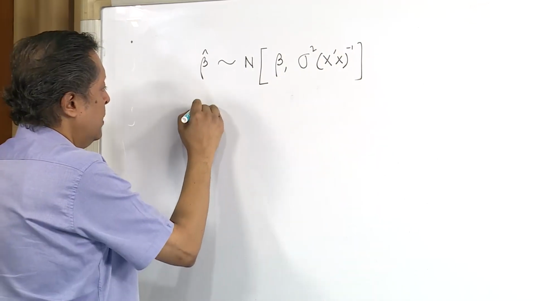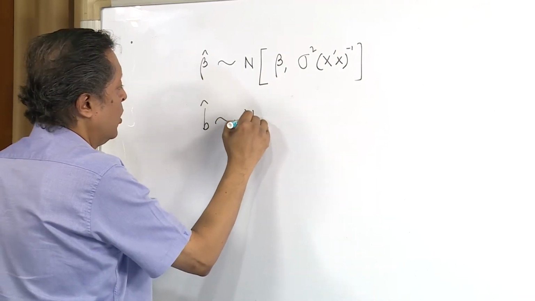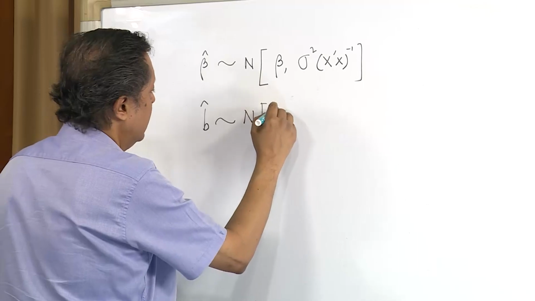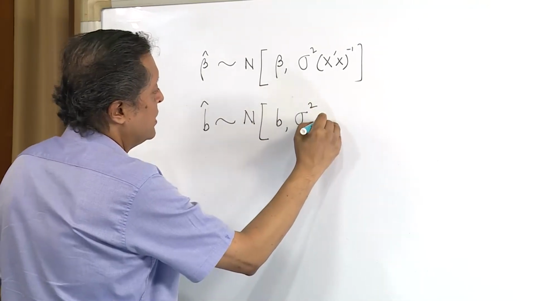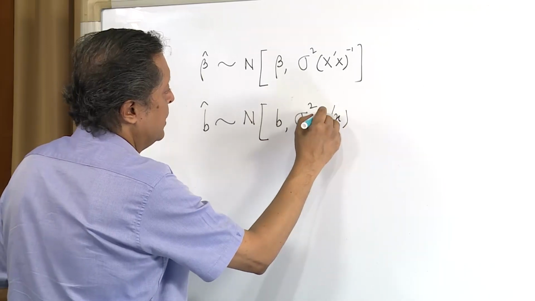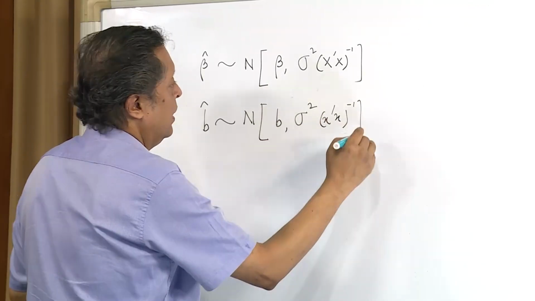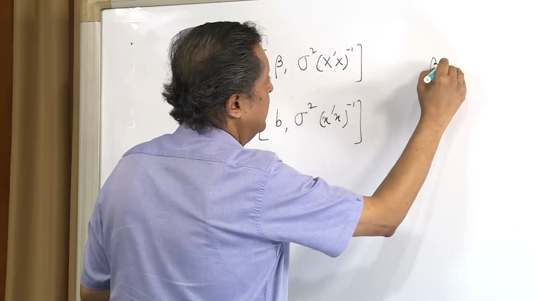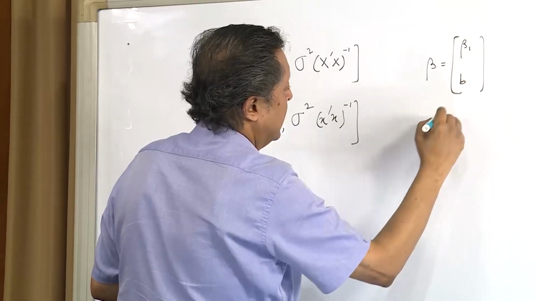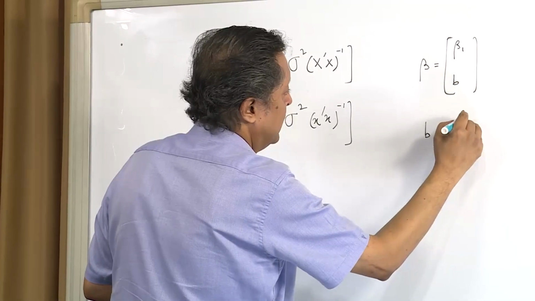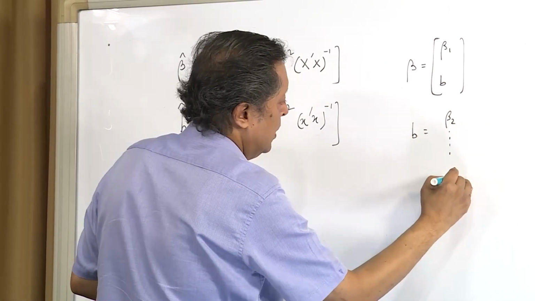Similarly, b hat follows a normal distribution with mean b and variance sigma square small x prime x inverse, where beta is equal to beta 1 and b, and b is equal to beta 2 through beta k.